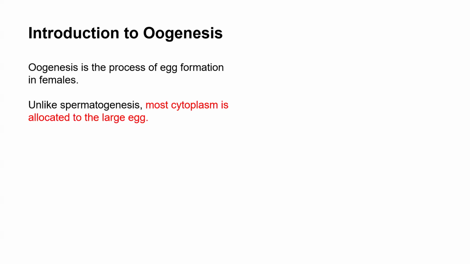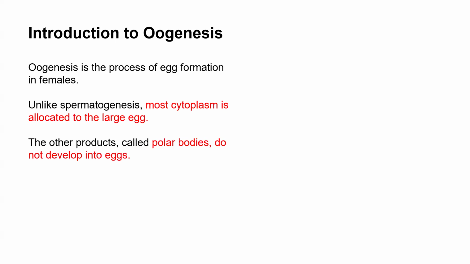Unlike spermatogenesis, most of the cytoplasm is allocated to the large egg. The other products are called polar bodies, which do not develop into eggs.